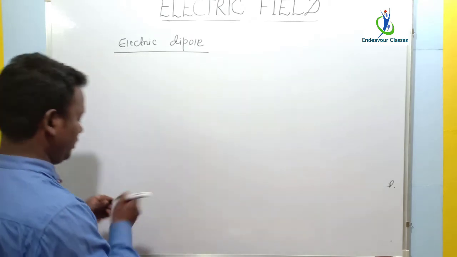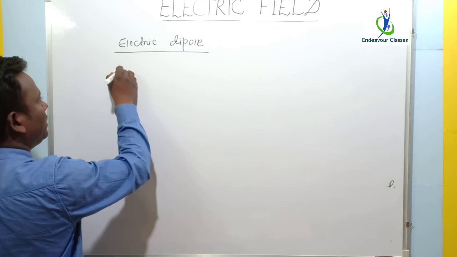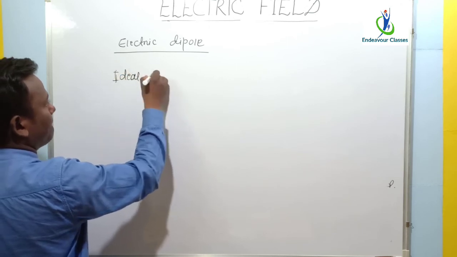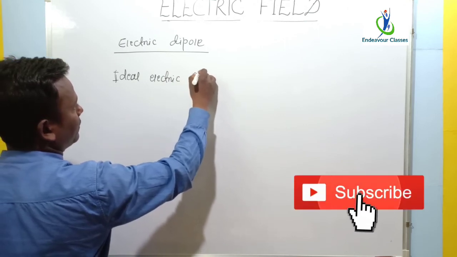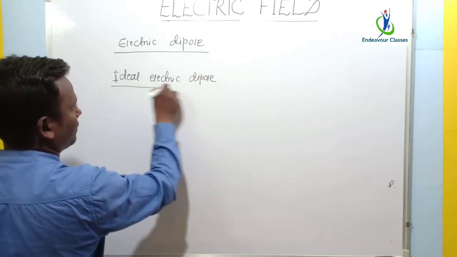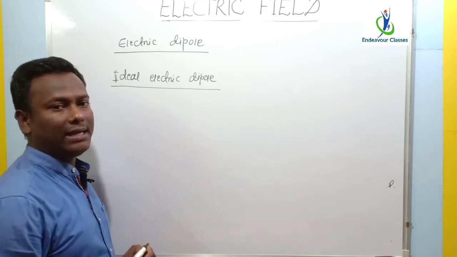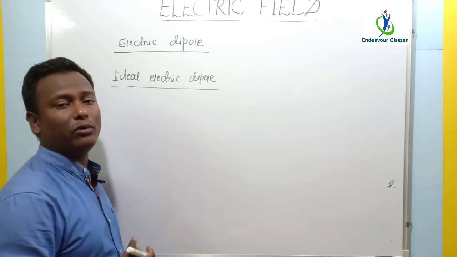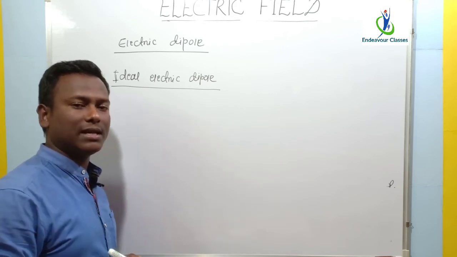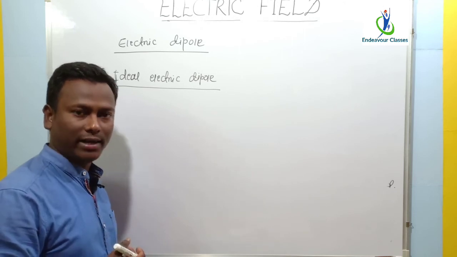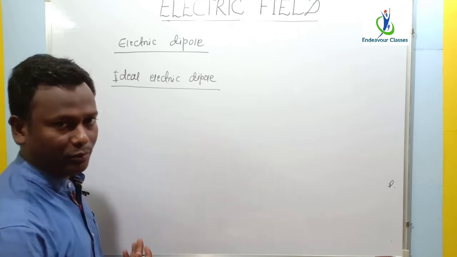Now, one term is frequently used in the case of an electric dipole, that is, the ideal electric dipole. We generally say that two equal and opposite charges separated by a small or finite distance is called an electric dipole. Then what is an ideal electric dipole?